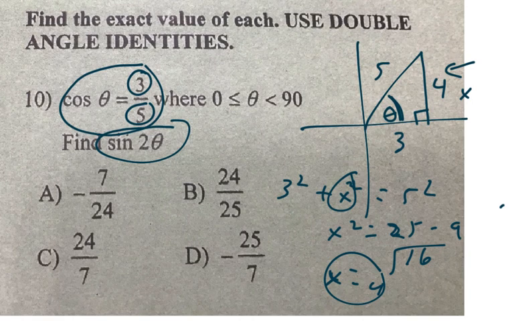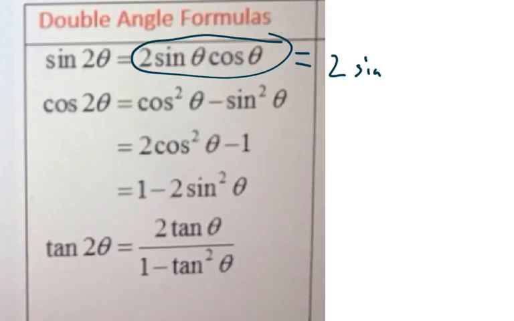But now that we know that's 4, we know that the sine of theta is 4 over 5, right? Because this is the opposite, that's the hypotenuse. So remember, cosine is adjacent over hypotenuse. Sine will be opposite over hypotenuse. And on these problems, you will use Pythagorean theorem if you need to find the missing side. Okay, so long story short, sine theta is 4 over 5.